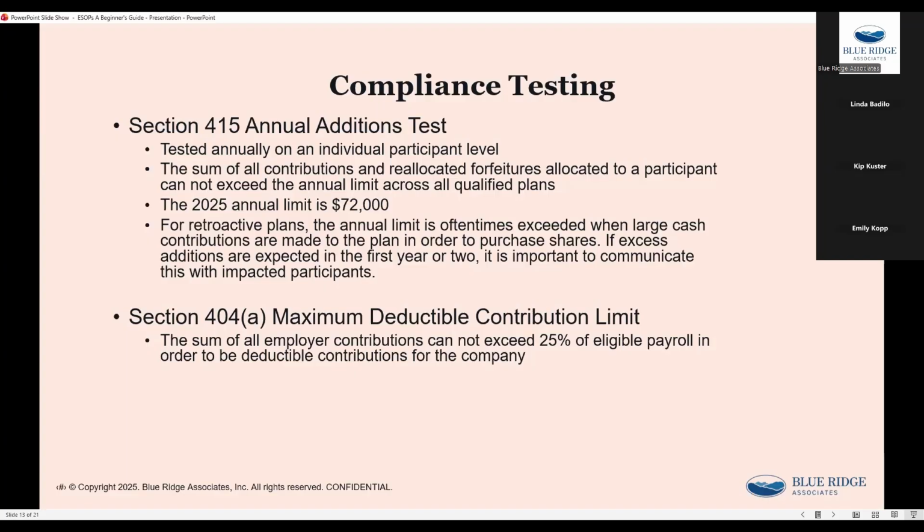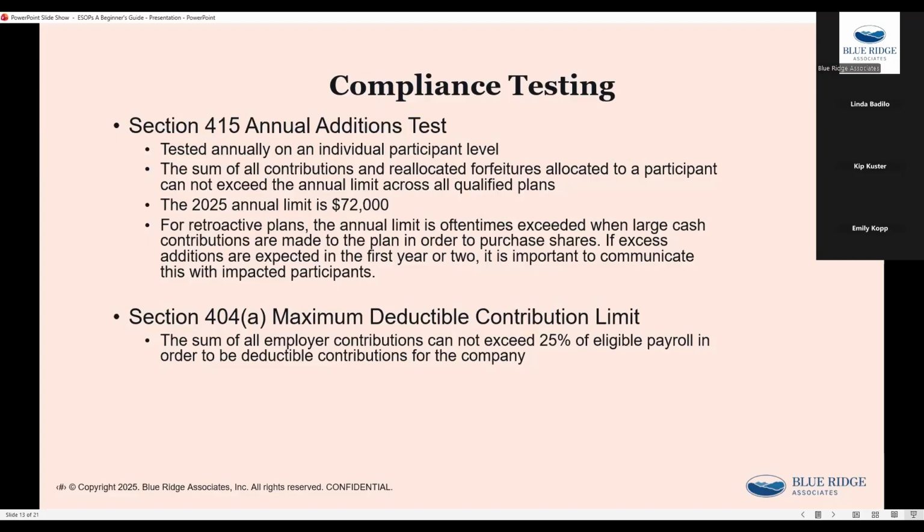So it's very important in the first couple years of your plan, if the ESOP was set up and there were large contributions made initially, this test could be a concern. And communicating that to affected participants is going to be very important. So having a strategy for this test and knowing it's going to pass or fail is really great planning.